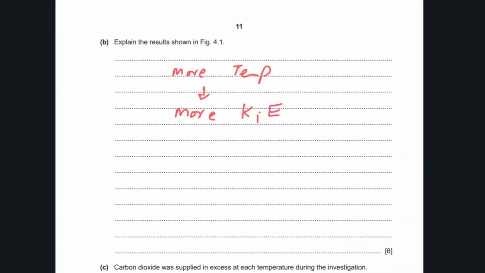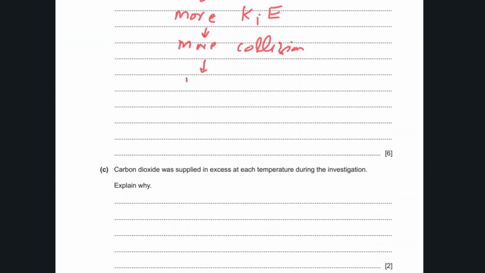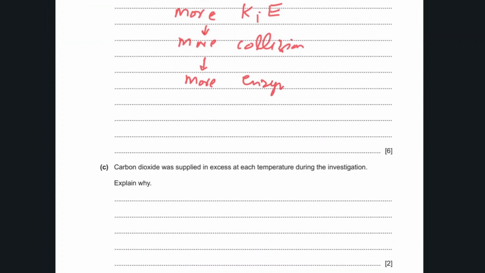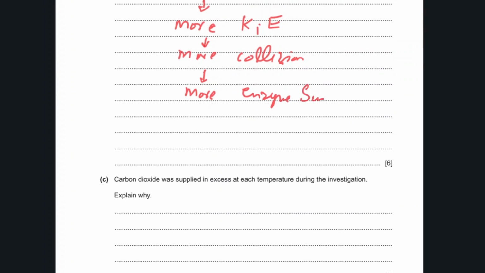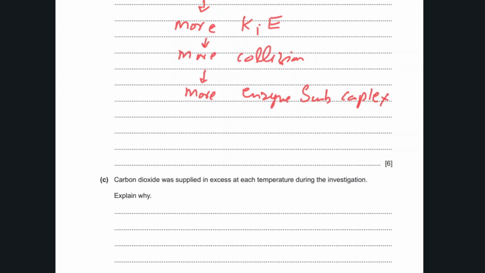More kinetic energy means more collisions, and more collisions mean more enzyme substrate complexes. This is the reason why the rate of reaction is increasing, and you can mention that at 40 it is the maximum, meaning the maximum enzyme substrate complexes are formed.